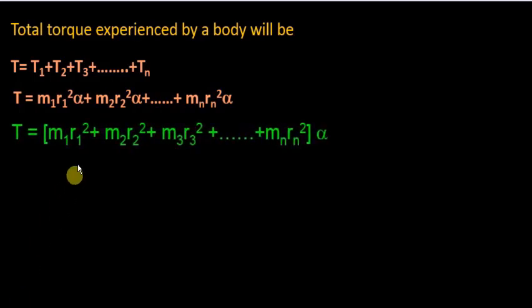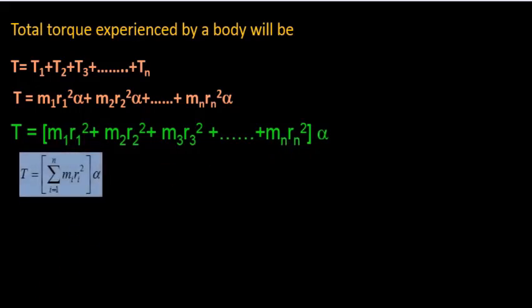Now we can write this using sigma notation like this, and we get the next step. But this quantity, summation mi ri square, i running from 1 to n, is the formula for moment of inertia. This bracket, m1 r1 square + m2 r2 square + m3 r3 square + ... + mn rn square, is the formula for moment of inertia, written in sigma notation.